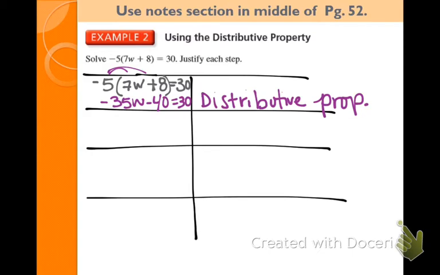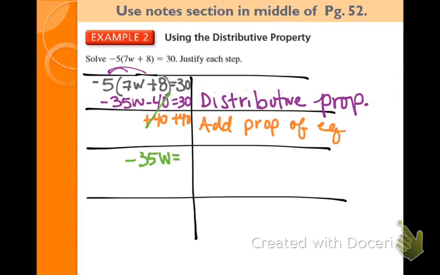Alright, and then what do I want my next step to be? Add 40, yeah. Add 40. So this is the addition property of equality, because I'm doing it to both sides of the equal sign. 30 plus 40 is 70.